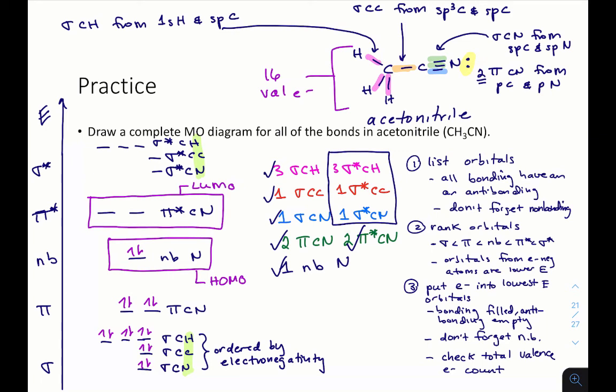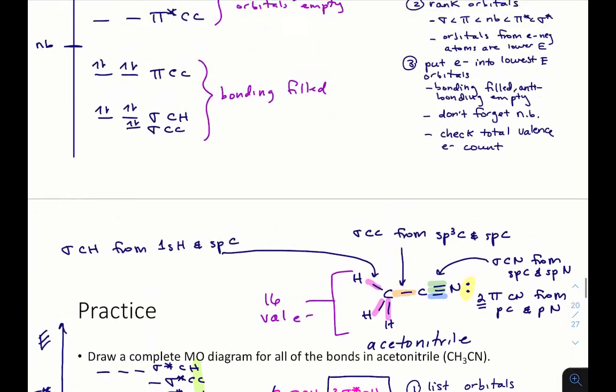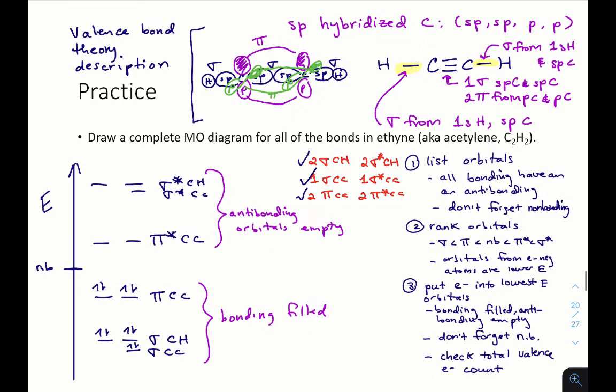Whether or not you get the name, just make sure you can identify HOMO and LUMO: highest energy occupied orbital, filled with electrons, and lowest energy empty, unoccupied molecular orbital. Let's try now for acetylene. What are the HOMOs and LUMOs for acetylene? Pause and try this yourself.